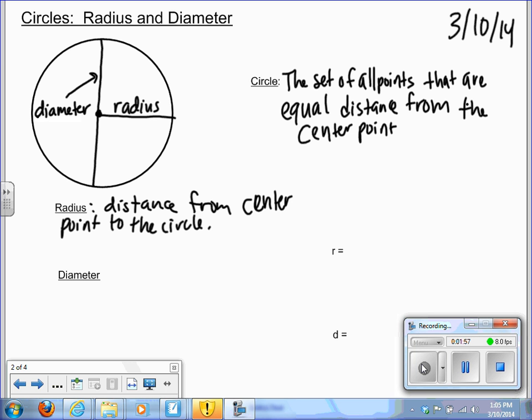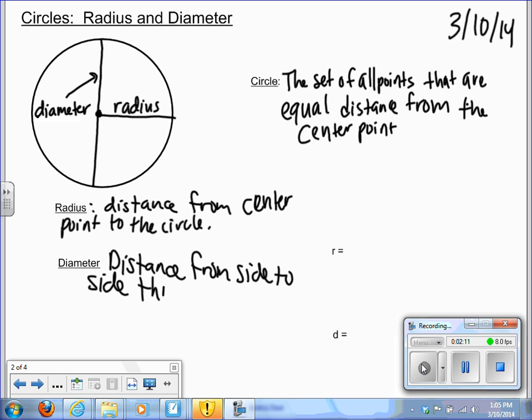All right, so the definition for diameter is distance from side to side through the center point. Okay, the distance from side to side through the center point.